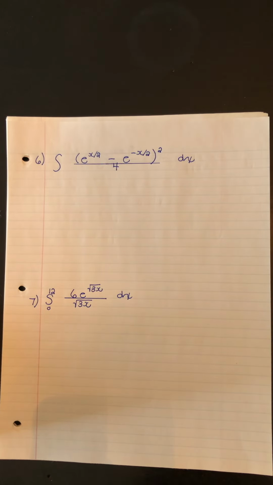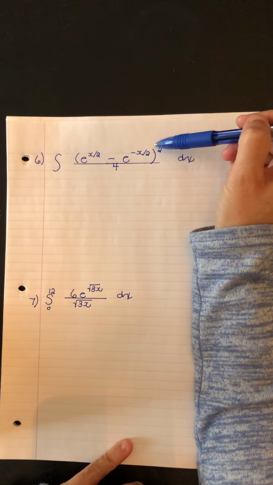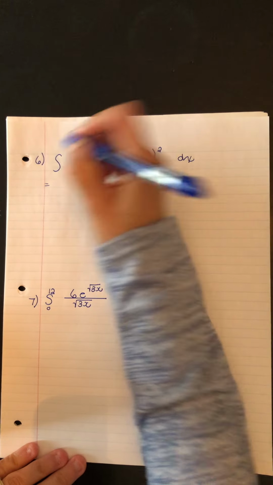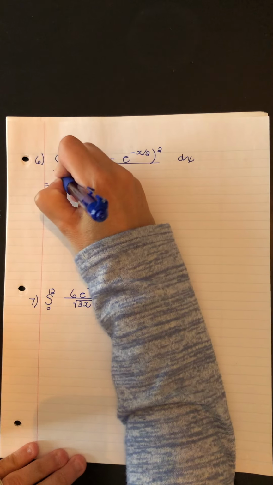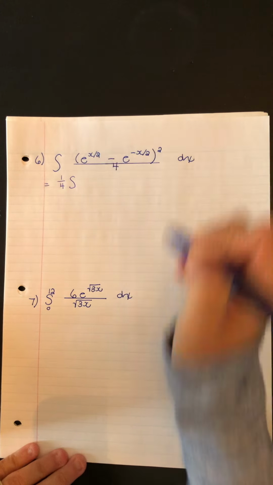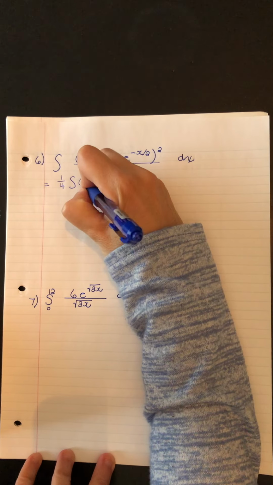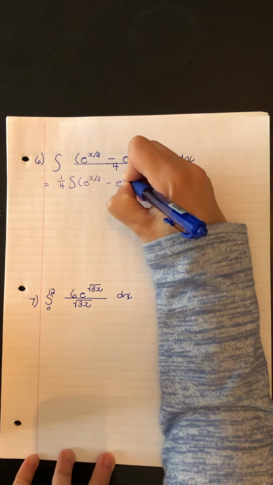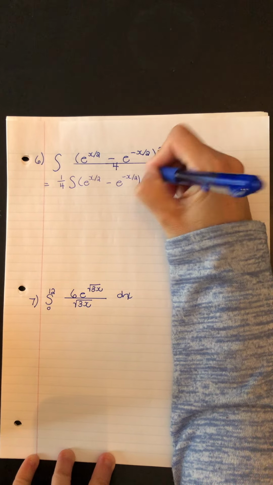This is a binomial and it's being squared. Okay, and this division by 4 is the same as having a factor of a quarter out front. But basically, we want to square this binomial to simplify. So that means taking the binomial and multiplying it. Oops, that's supposed to be an e.